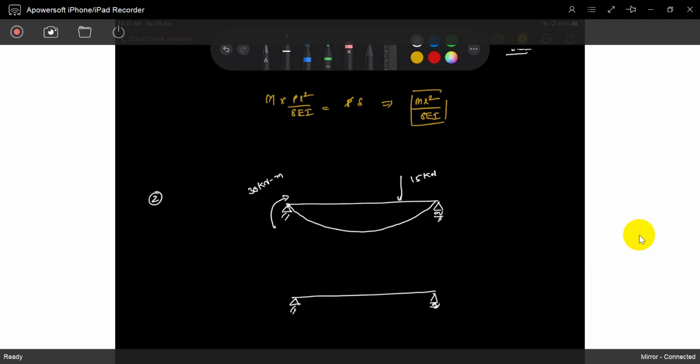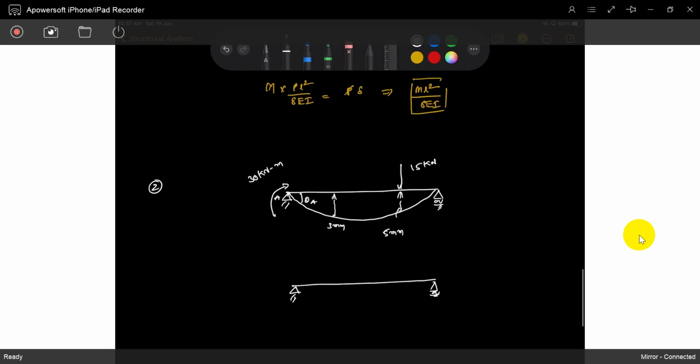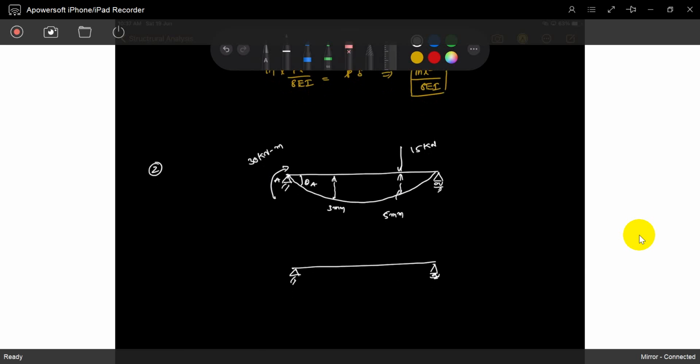This is theta A, which we don't know. Somewhere there is a 3 mm deformation, and somewhere a 5 mm deformation.